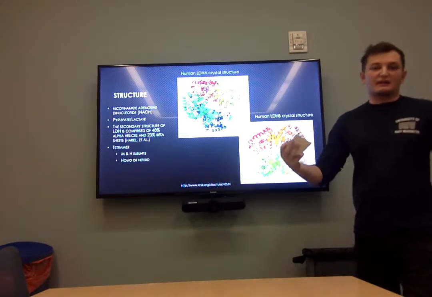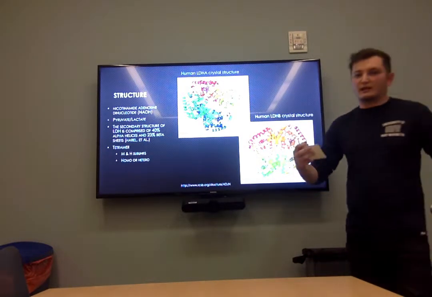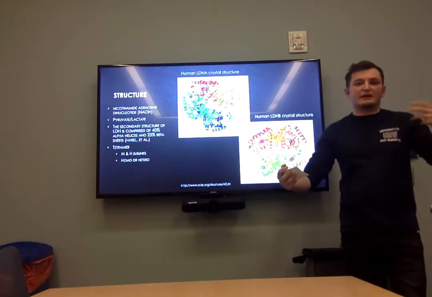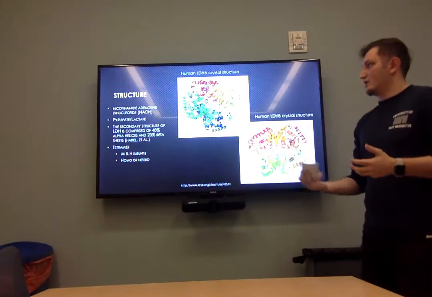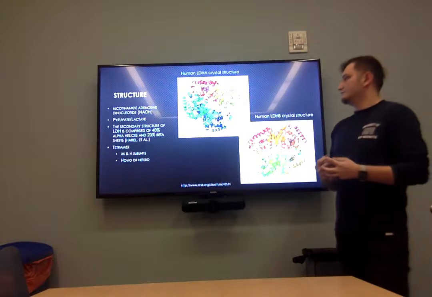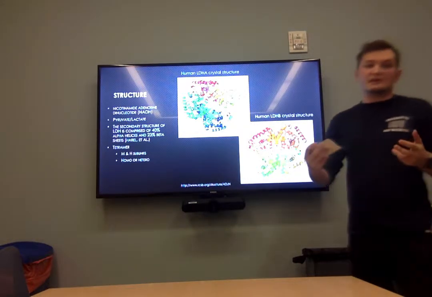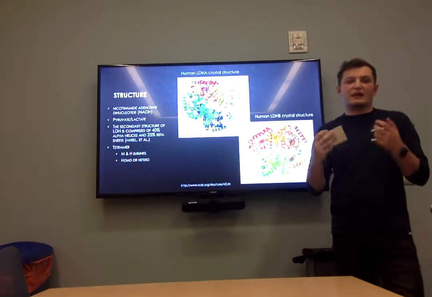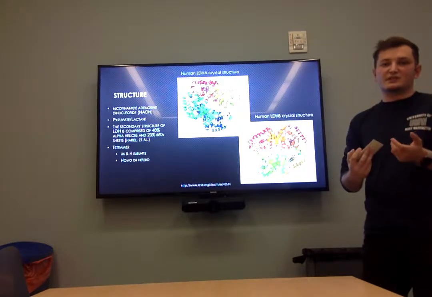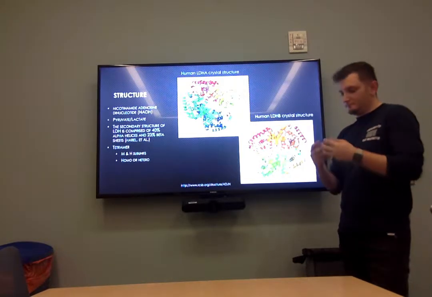If it's pyruvate to lactate, pyruvate would be the substrate, or if lactate to pyruvate, lactate would be the substrate and/or the product. The secondary structure of LDH is mainly comprised of 40% alpha helices and about 23% beta sheets.